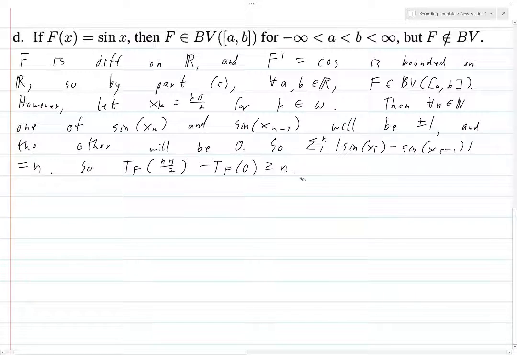One way, if we wanted to move the Tf of 0 over to the other side, oh wait a minute. Can we do this? Yeah, we're allowed to do this. We have to be careful, because we don't want to be writing infinity minus infinity, and I think that this is writing infinity minus infinity.